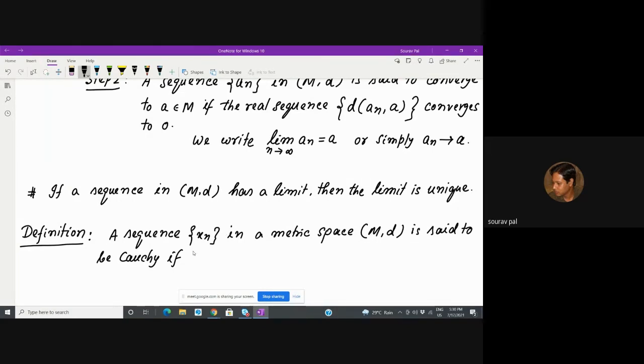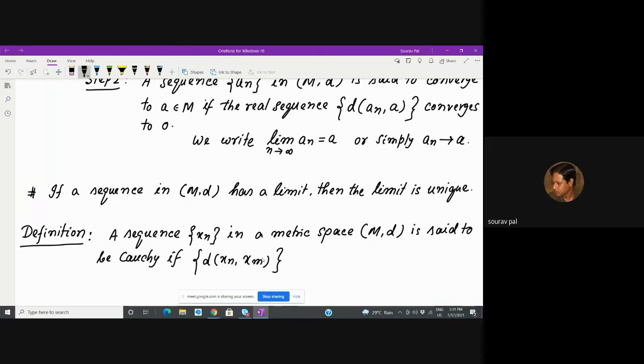So we just push forward everything from a metric space to the real line. d(x_n, x_m) gives the distance between these two terms, x_n and x_m. So terms are coming closer and closer as m, n approach infinity.